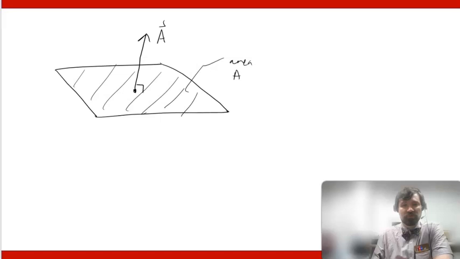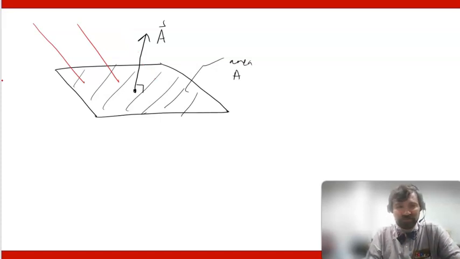It's perpendicular to the surface. Now we add in a vector field, specifically in this case, a magnetic field. So maybe the magnetic field is incident like this on our surface.